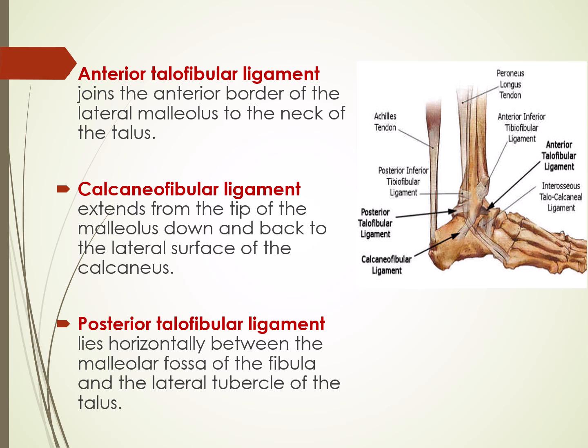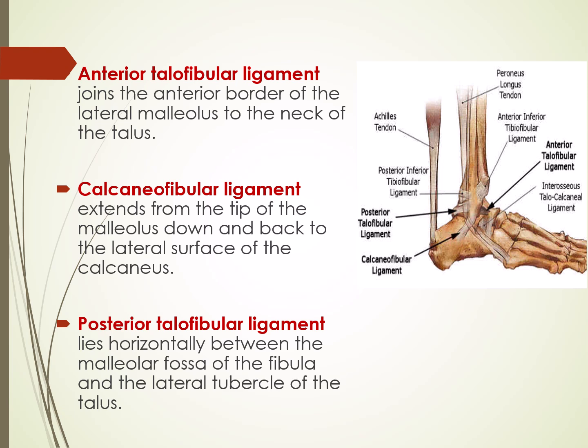The anterior talofibular ligament, this one here you can see, joins the anterior border of the lateral malleolus to the neck of the talus, whereas the calcaneofibular ligament extends from the tip of the lateral malleolus and runs down and back to the lateral surface of the calcaneus.